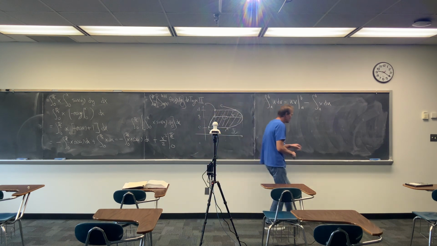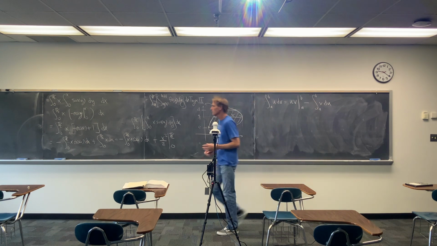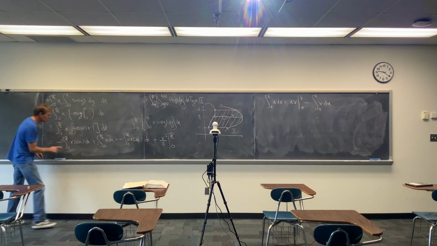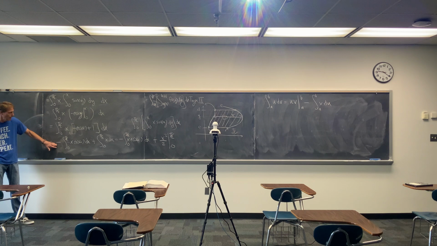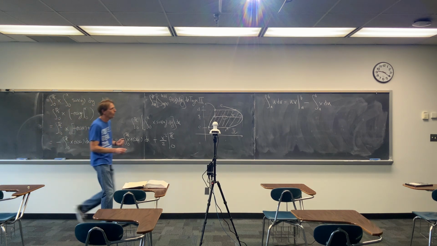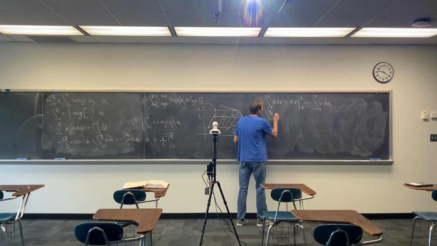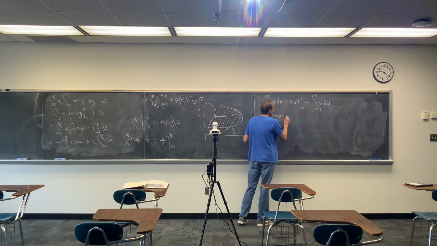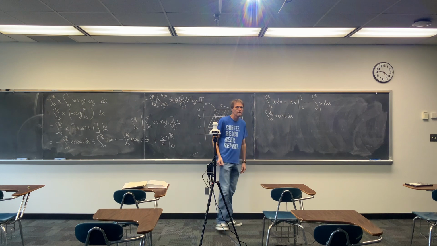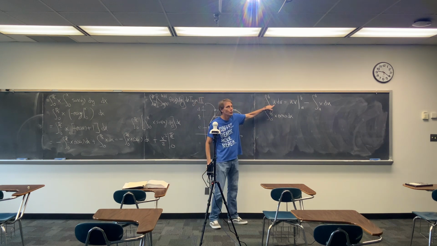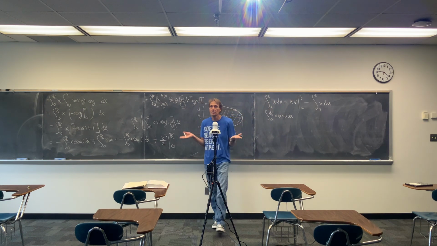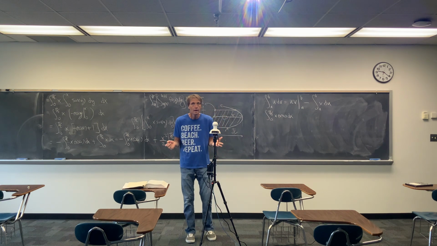Okay, in this case, the trade's going to work well. Here's the integral I'm trying to do. Forget the minus right now. I'm trying to do the integral from 0 to pi over 2 of x cosine of x dx. Now I have to choose u to be something, and I've got to choose dv to be something else.